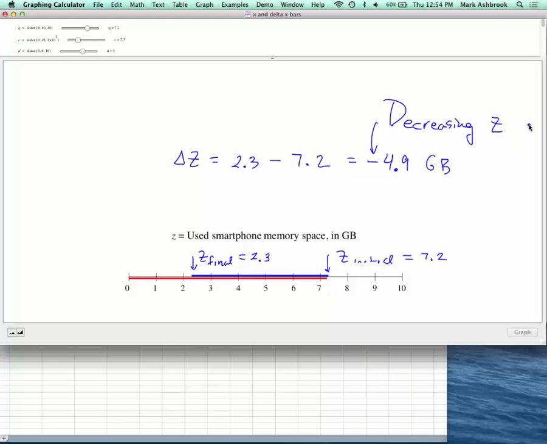Negative change means decreasing, in this case, decreasing Z. So you still follow Z final minus Z initial, and it just works out. When it's decreasing, that difference will be negative. When it's increasing, that difference will be positive, and so that negative and positive gives us more information about the change in the value. If it's negative, that value is going down. And when it's positive, the value goes up.